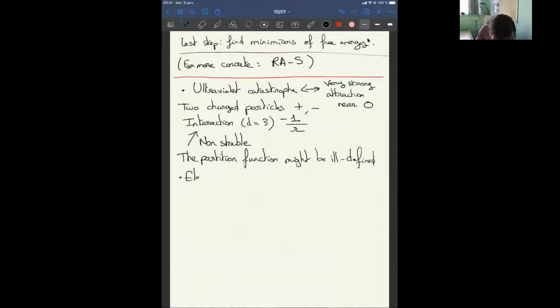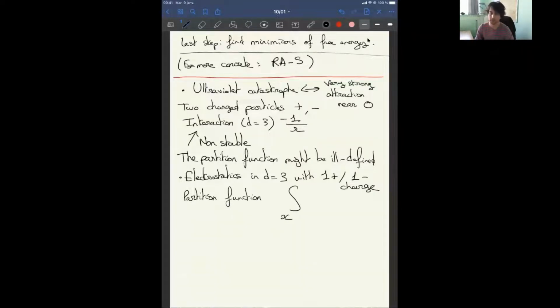If you try to do electrostatics in dimension 3 with just one plus and one minus charge in a box, this is ill-defined because the partition function is the integral over x, the position of the first one, and y, the position of the second one, of e to the minus beta times minus 1 over |x minus y|, dx dy.